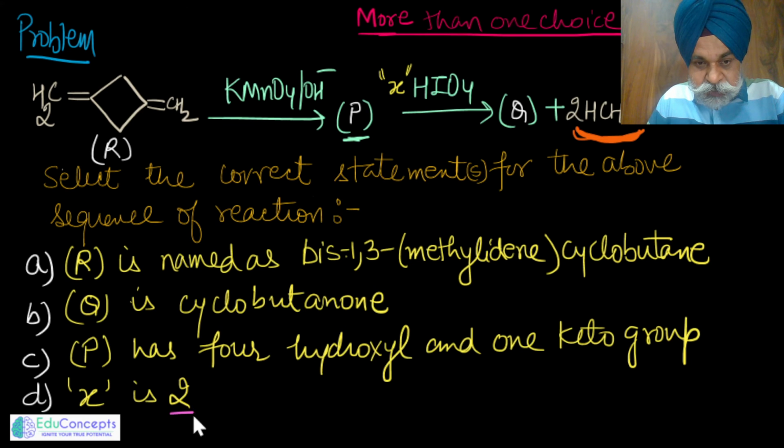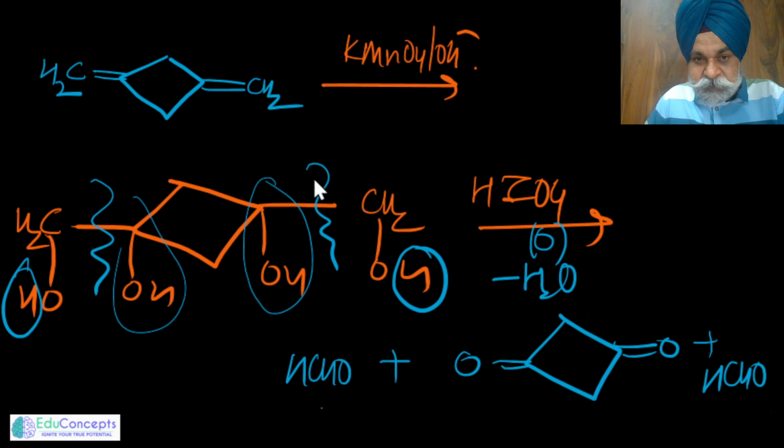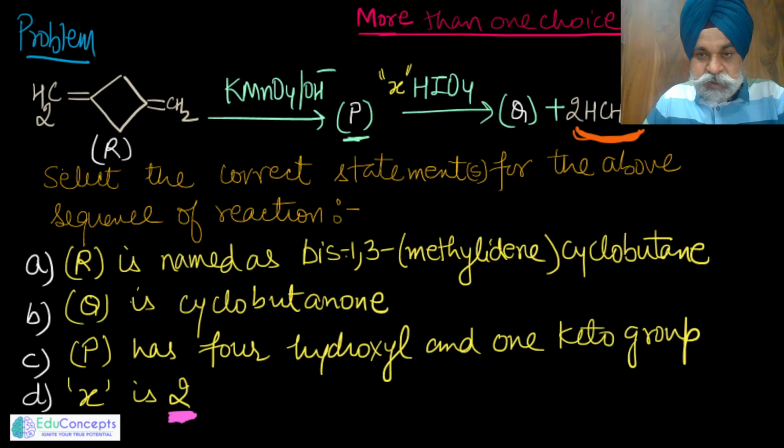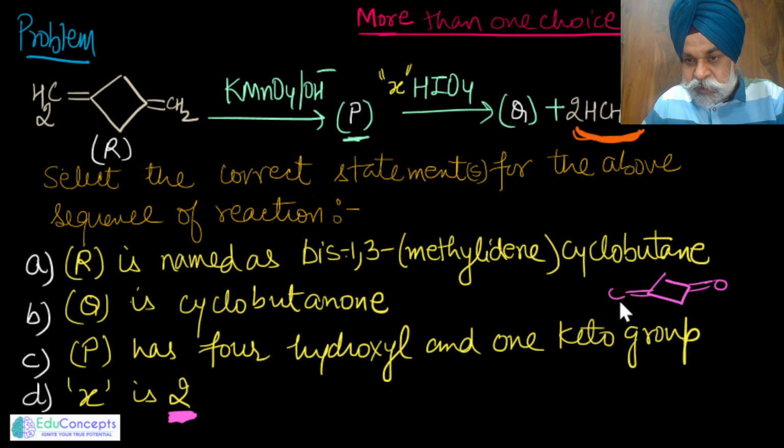First, X is 2, that is right or wrong? How many bonds have we broken? I think it is perfectly right, we have broken this many bonds. Yes, it is fine. And along with it, what else you get here is Q is cyclobutanone. No, it was cyclobutanone 2, something like this order.